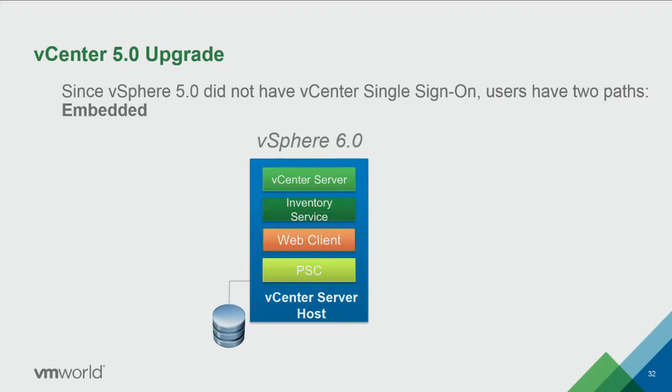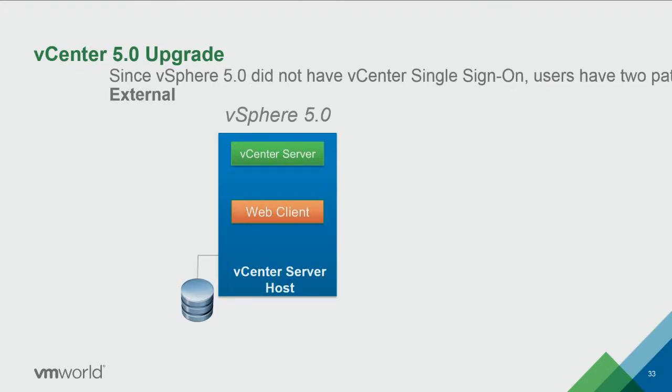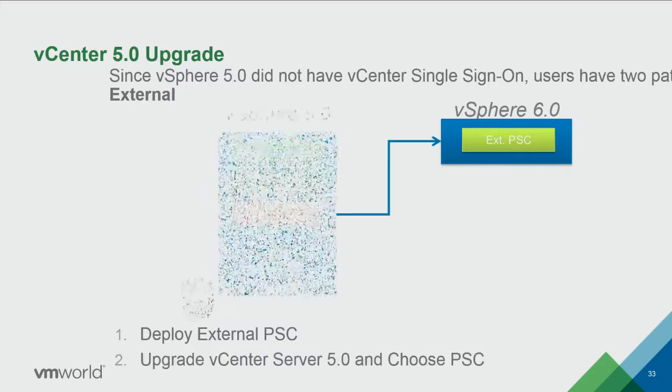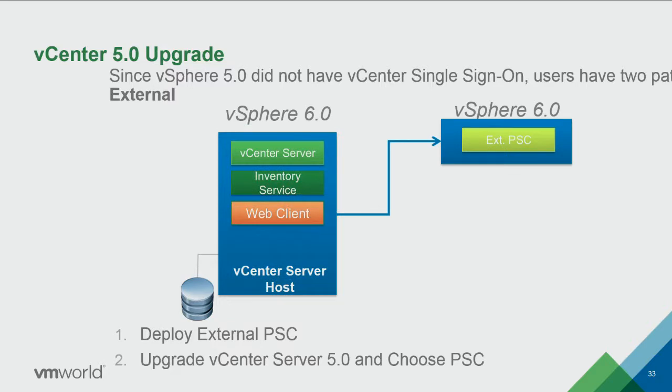You could also choose to do an external deployment, meaning an external PSC. So in this case, you would first deploy an external PSC node, and then you would upgrade your vSphere 5.0 system and point it to the new PSC that you just deployed. And so you would end up in this configuration.